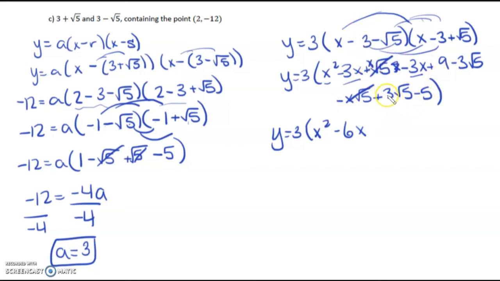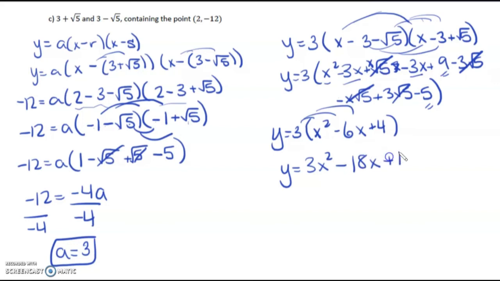And then this positive 3 root 5 and then negative 3 root 5, those cancel out. And then 9 minus 5, I get 4. Okay, so y equals 3x squared minus 18x plus 12.